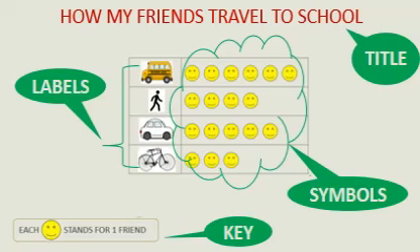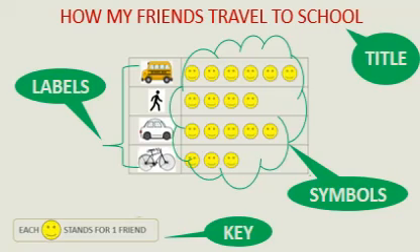The keys tell us that each smiling face is equal to one friend. Then we have labels. Labels tell us what kind of data is shown. In this example, labels give us the information about the mode of transport.